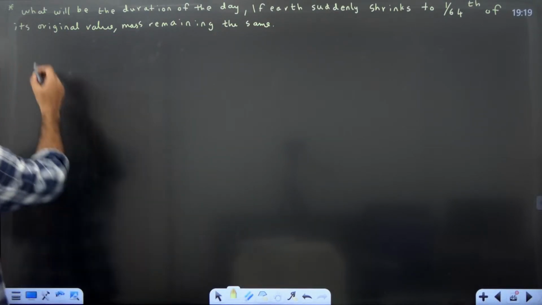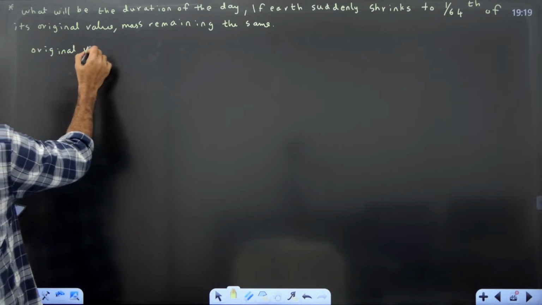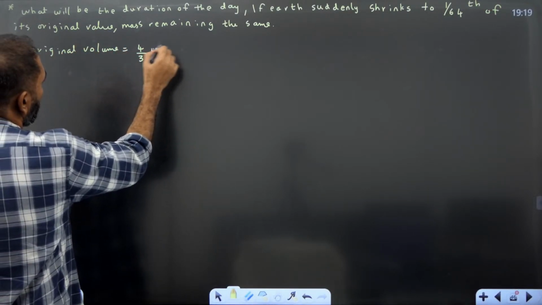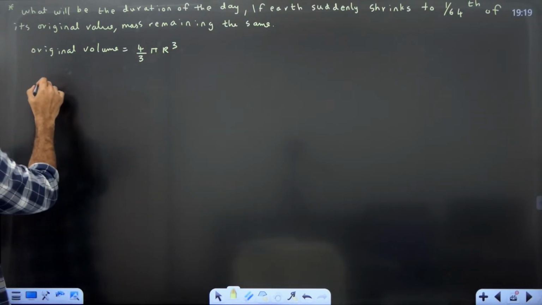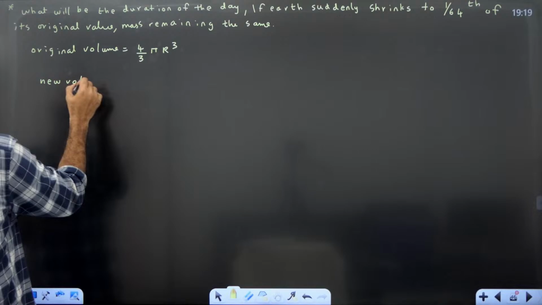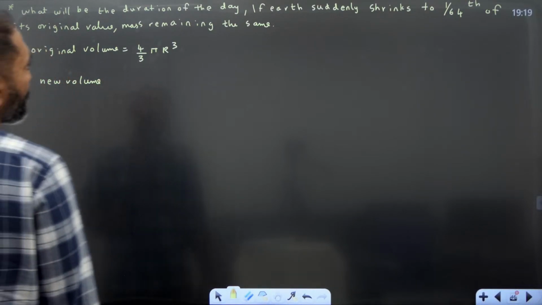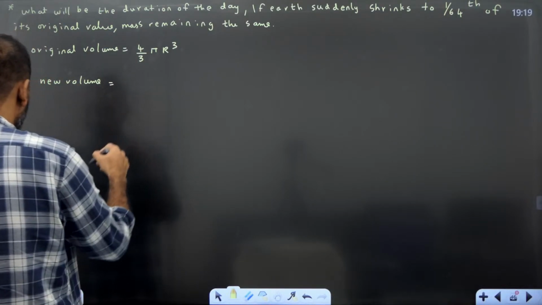See, I will do it. Original volume, we consider Earth as a sphere. So, original volume is equal to 4 by 3 pi r cube. What will be the new volume? Earth suddenly shrinks to 1 by 64th its original value.